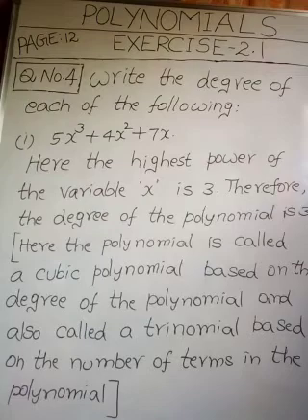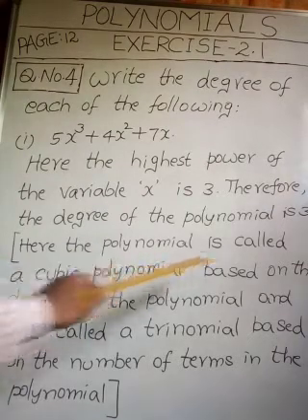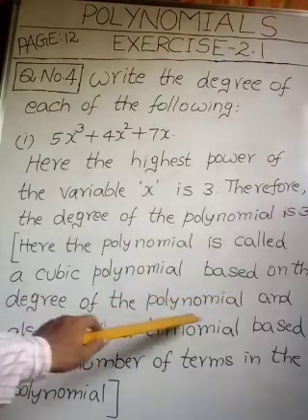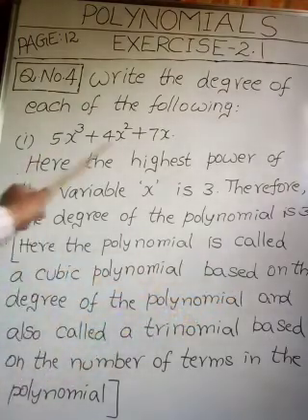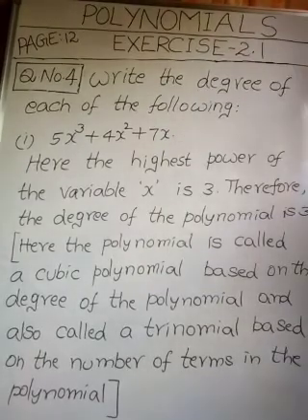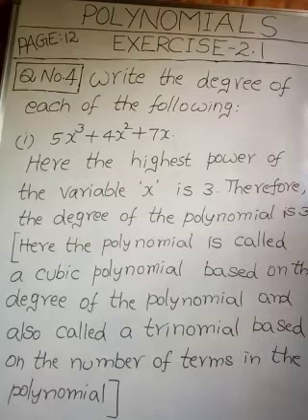Understood this, my dear children? Right. Here the polynomial is called a cubic polynomial based on the degree of the polynomial. I have said there are two classifications of polynomials: based on the degree of a polynomial and based on the number of terms in a polynomial.